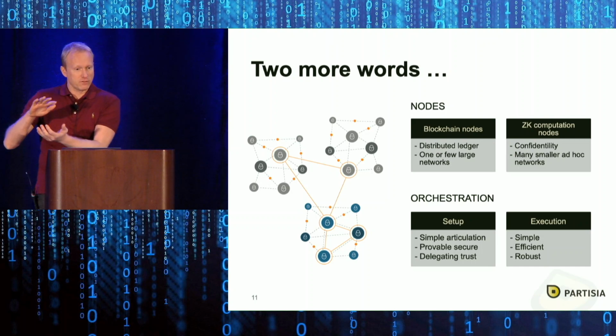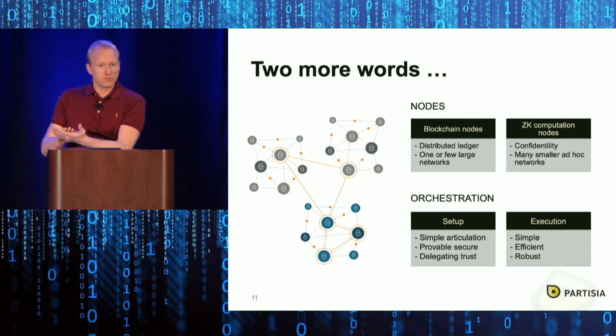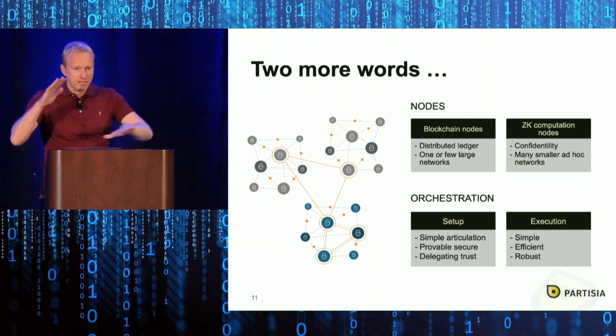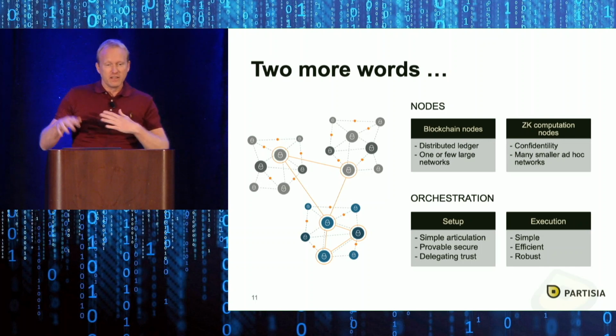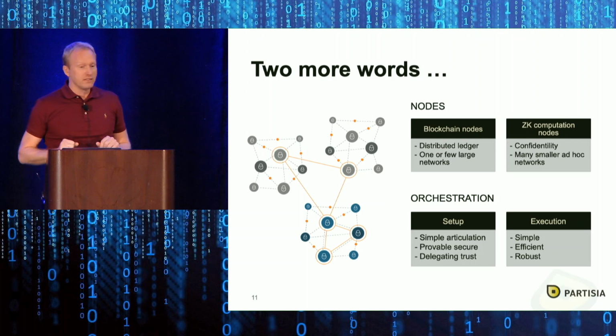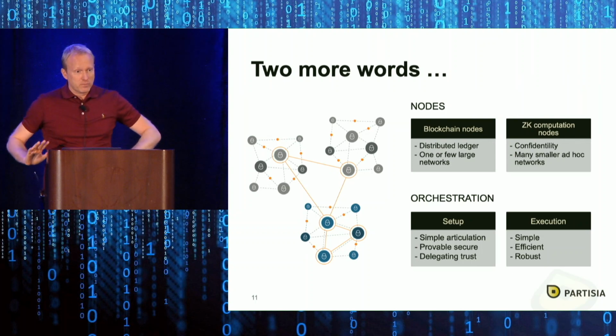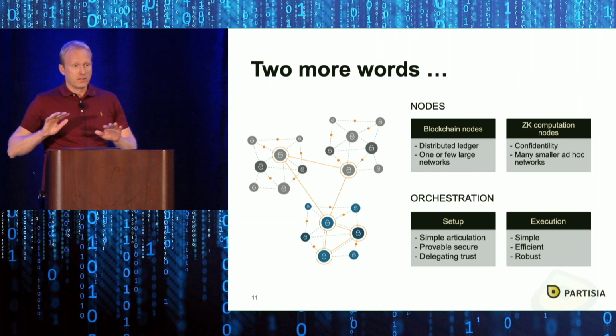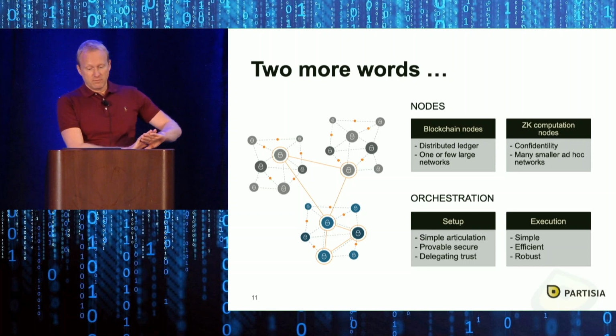For the MPC, you will have smaller ad hoc networks. So you need to separate these two, and they need to collaborate to get the synergies out of these two different networks, and that's what we are struggling with. Getting that in place, it's really all about orchestration.